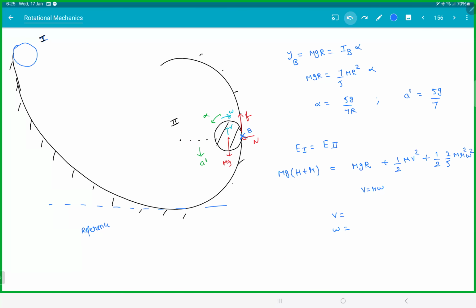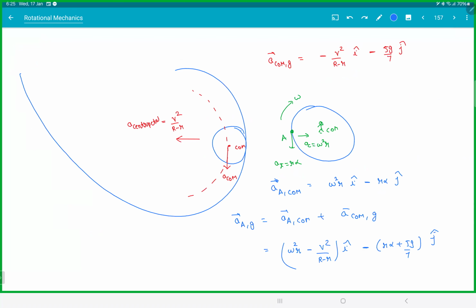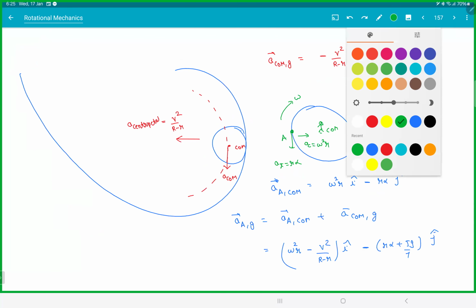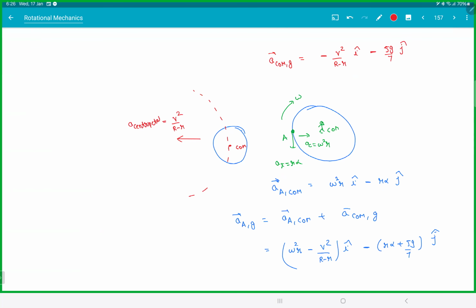See, leave the whole sphere aside, this particle is going in a circle, so there is an A tangential and there is an A centripetal. So center of mass's A tangential, let's call it A dash. I think that would be right. It might actually give confusion. So this is A dash.